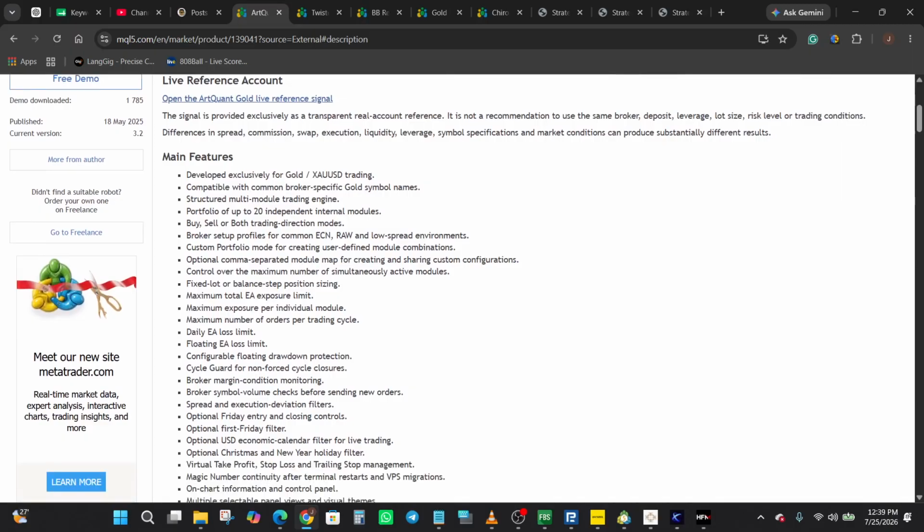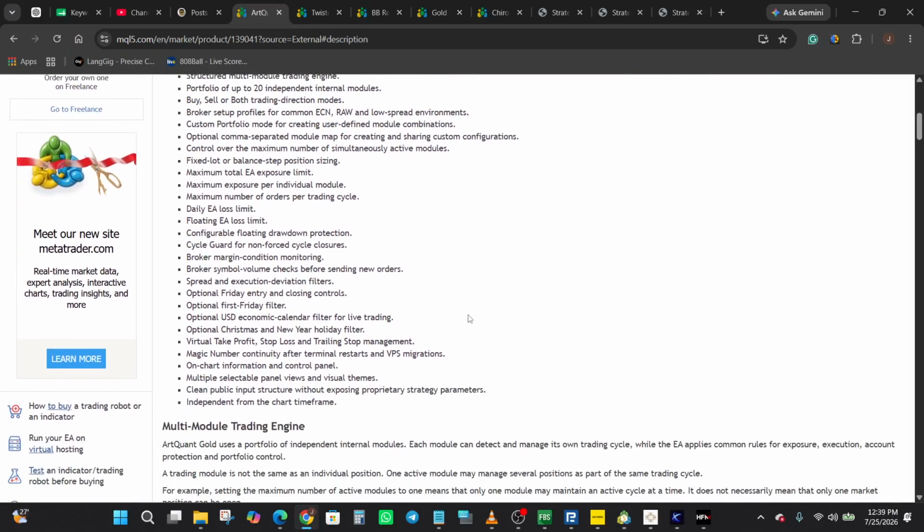On the risk side, there is a genuinely deep set of controls here. Base lot and balance step sizing lets your position size grow in stages as your balance increases. Then you've got maximum total EA exposure, maximum exposure per module, and a cap on orders per cycle.